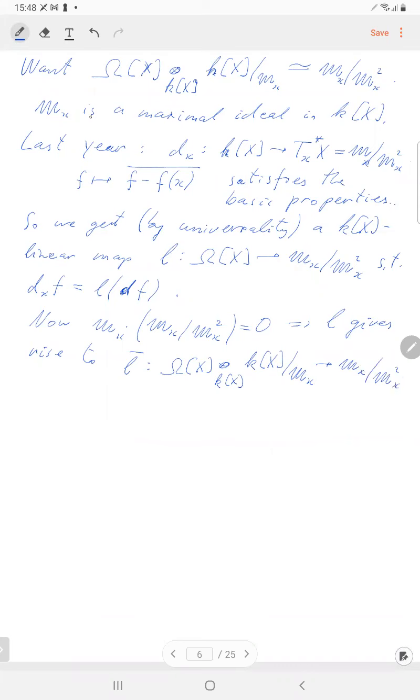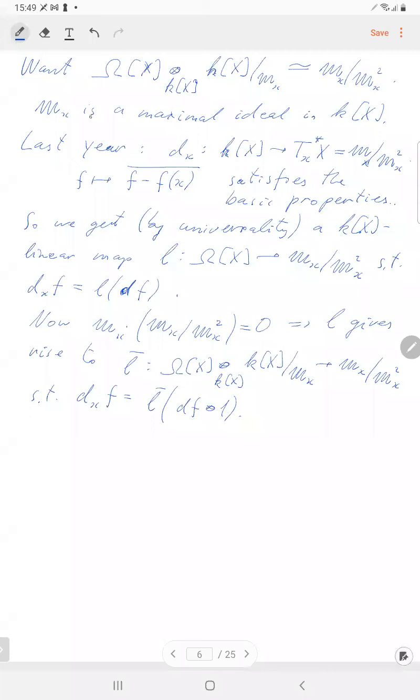This L bar has the property that d_x f is L bar of df tensor 1.